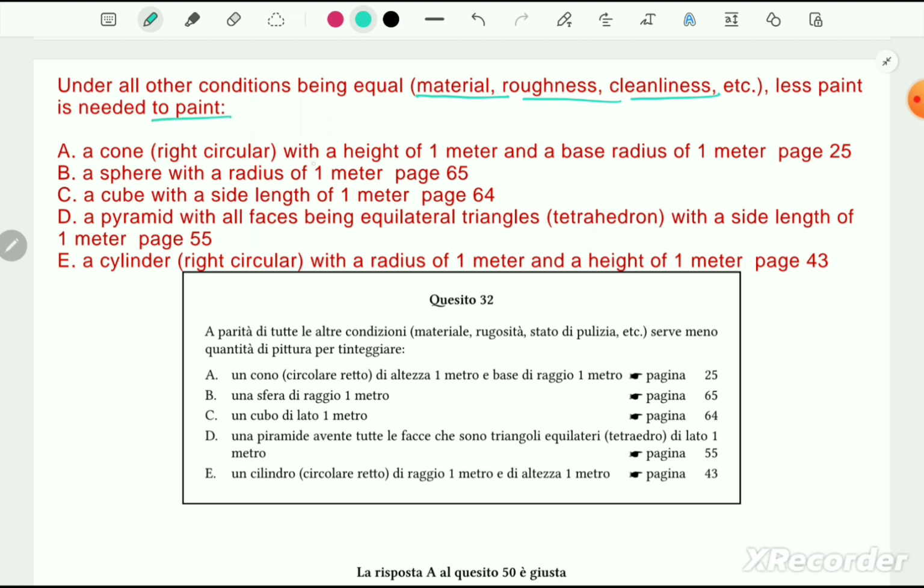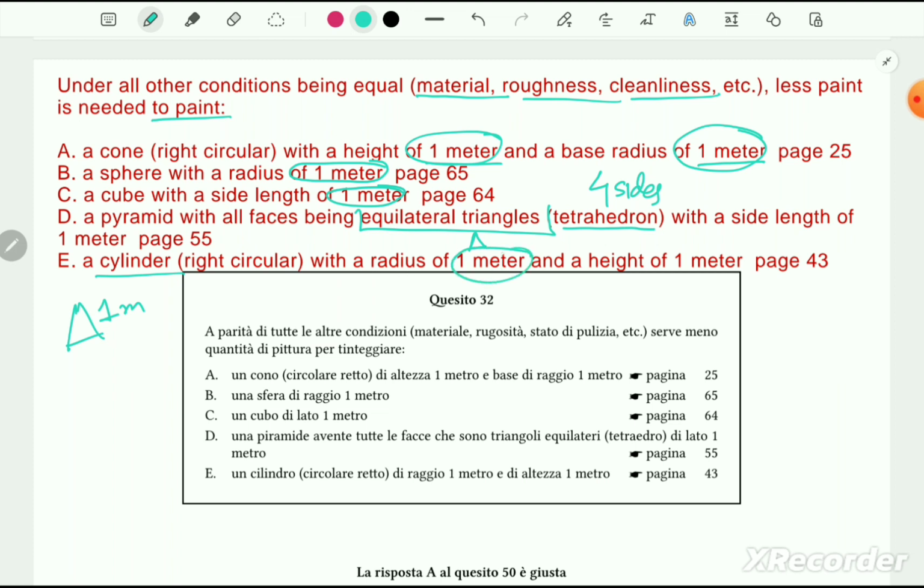A cone with a height of 1 meter and a base radius of 1 meter; a sphere with a radius of 1 meter; a cube with a side length of 1 meter; a pyramid with all faces being equilateral triangles, that is a tetrahedron, with a side length of 1 meter; a cylinder, right circular, with a radius of 1 meter and a height of 1 meter. Equilateral triangles, we know, have equal side lengths and equal angles.